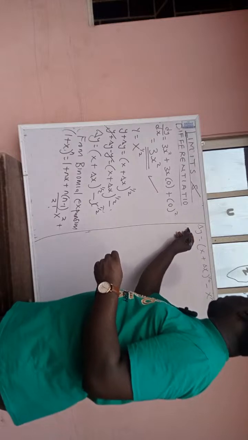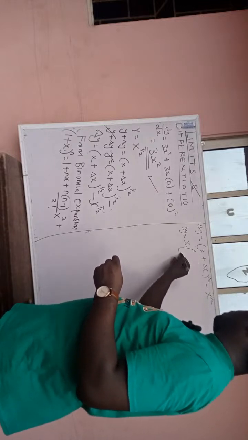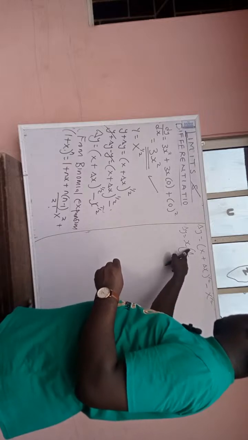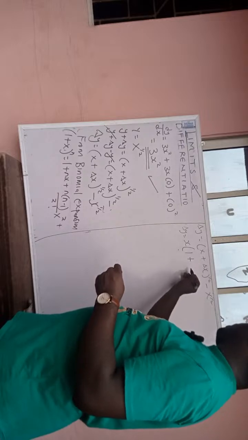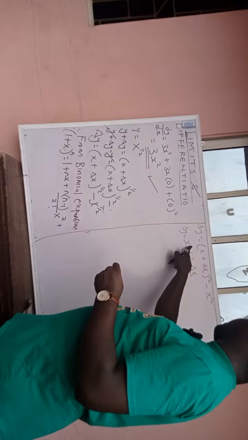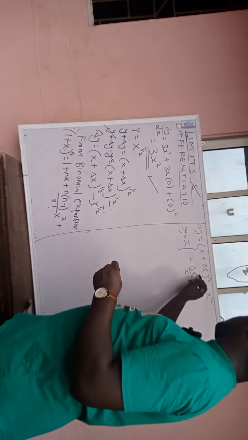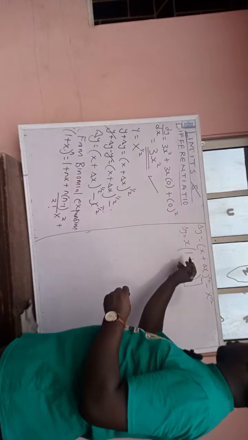So now you have this. I'll factorize x out, so the 1 will come out, and then this can become change in x over x. I'll explain that.